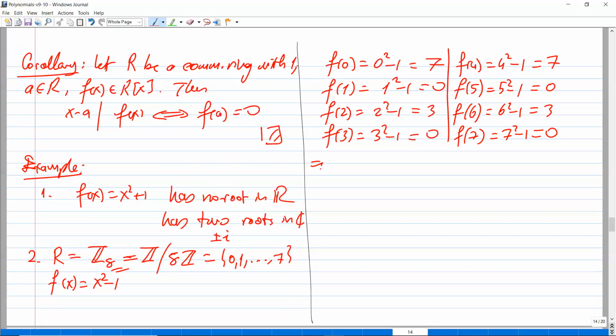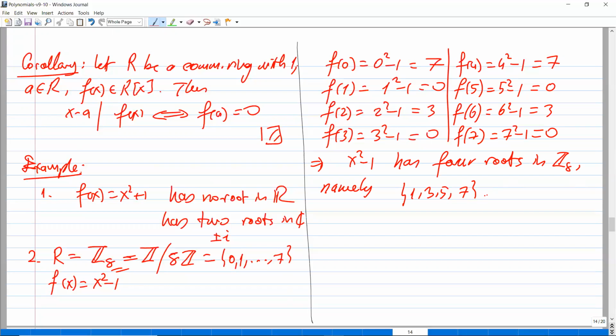So therefore, this x squared minus 1 has 4 roots. It is of degree 2, but it has 4 roots in Z8. Namely, these roots are 1, 3, 5, and 7.